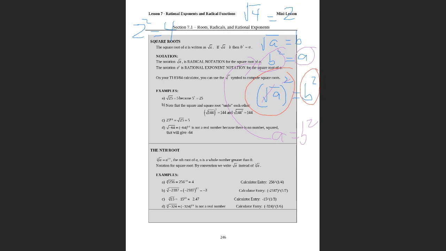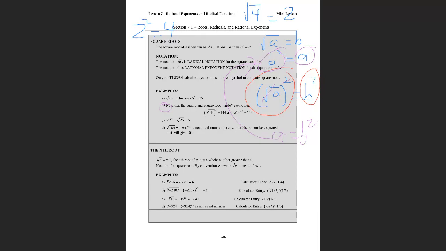So anytime you square a square root, it cancels out. The square cancels the square root, so you have the number left. And that is what we are seeing for this problem b. We have the square root of 144, squared. So the square root is undone by the square. Okay?